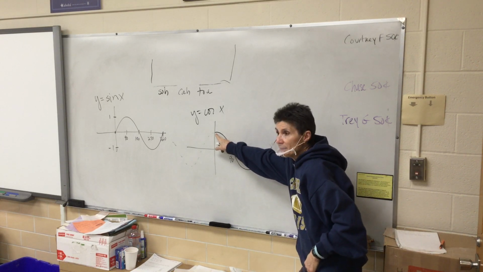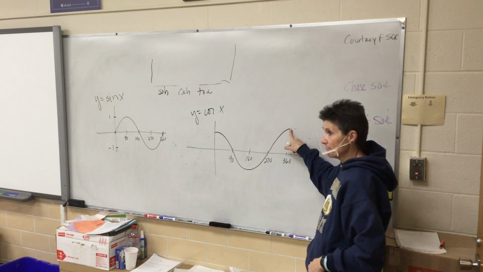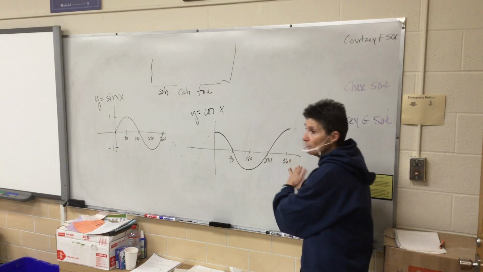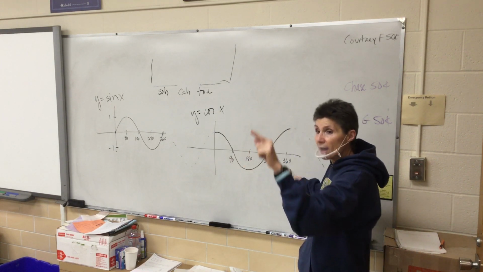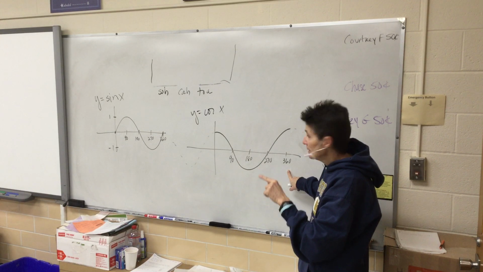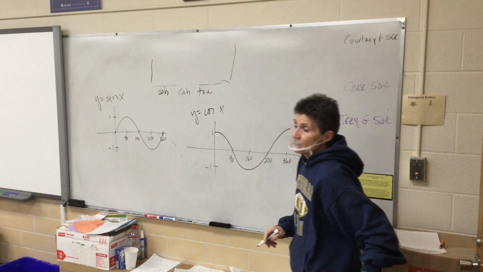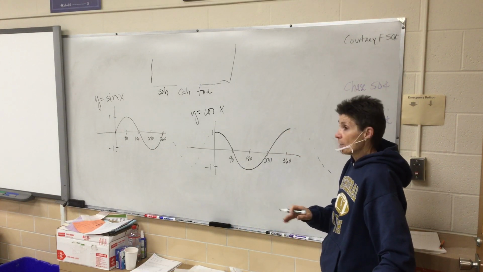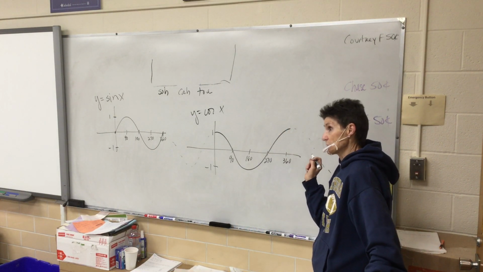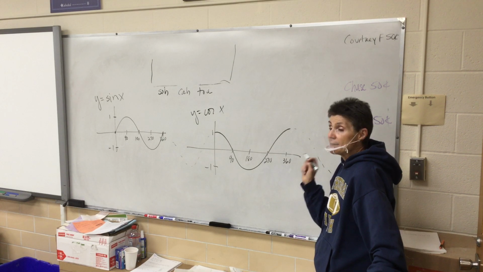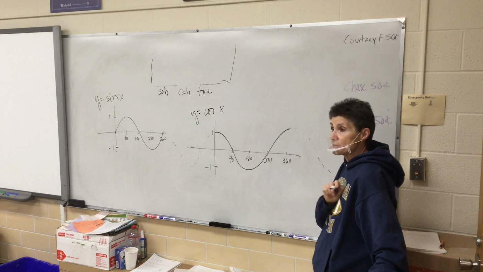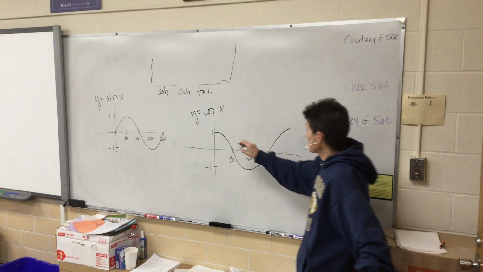It starts up here, and it stops up here. The labels are exactly the same. It's one time around the circle, and this is still 1, and this is still negative 1. The sine and the cosine are going to have exactly the same labels. The difference is the sine starts at the origin, and the cosine starts up here.